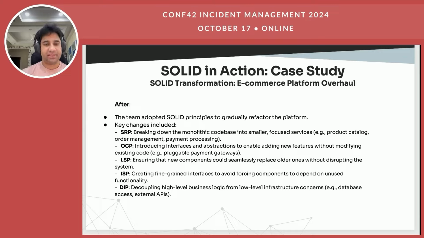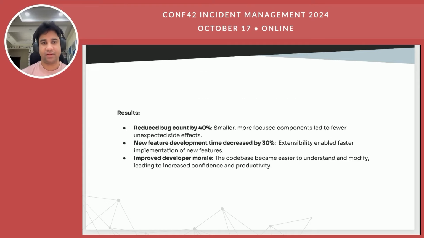So different APIs could be used from these two types of databases, SQL and NoSQL. But the high-level logic doesn't really care about it and shouldn't care about it. And it works.